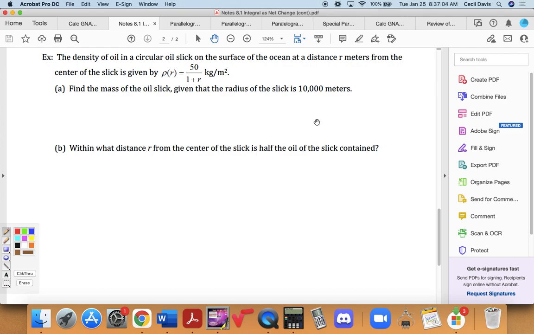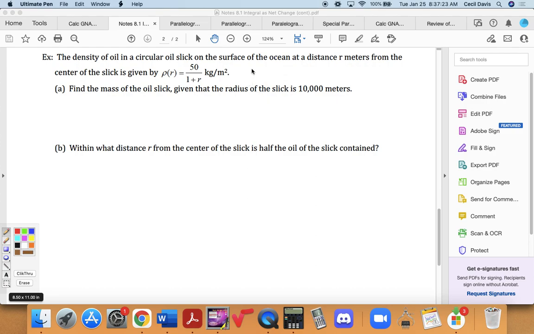Find the mass of the oil slick given that the radius of the slick is 10,000 meters. Okay. So notice this is kilograms per square meter, so we need to multiply this by the number of square meters in a particular slice of it.